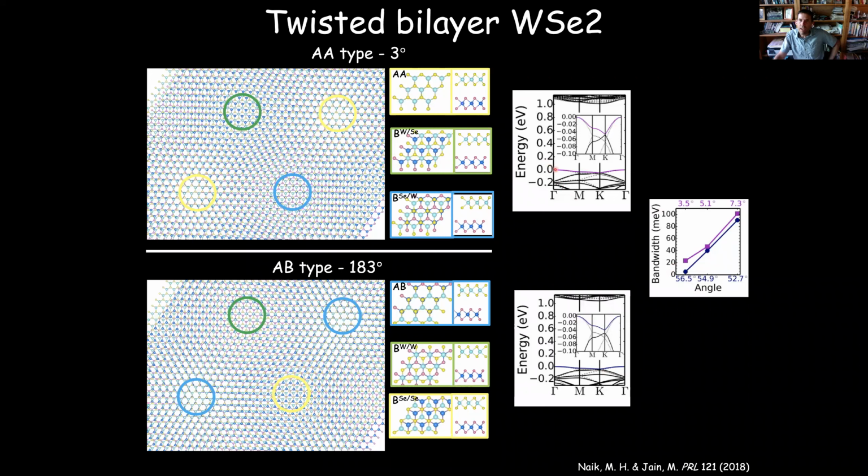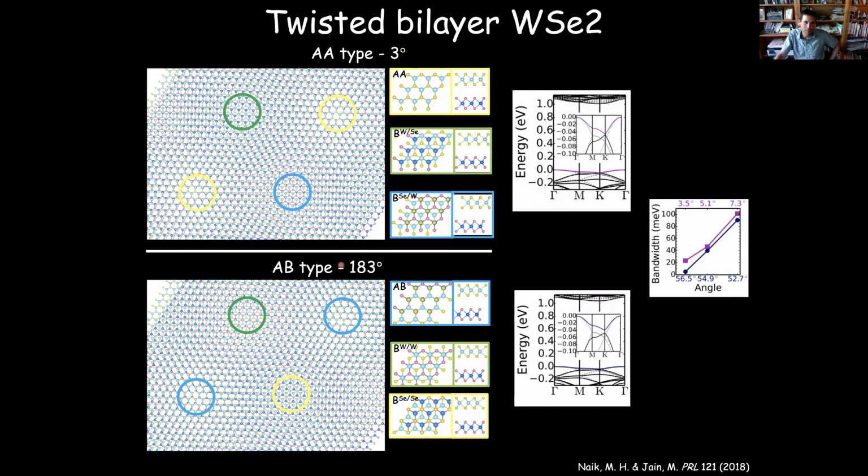And the bandwidth, how much variation in energy it has with momentum, decreases as the twist angle approaches either 0 or 60 degrees, which in my definition here is 180 degrees. So the closer you get to 0 or 60 degrees, the flatter the band gets.